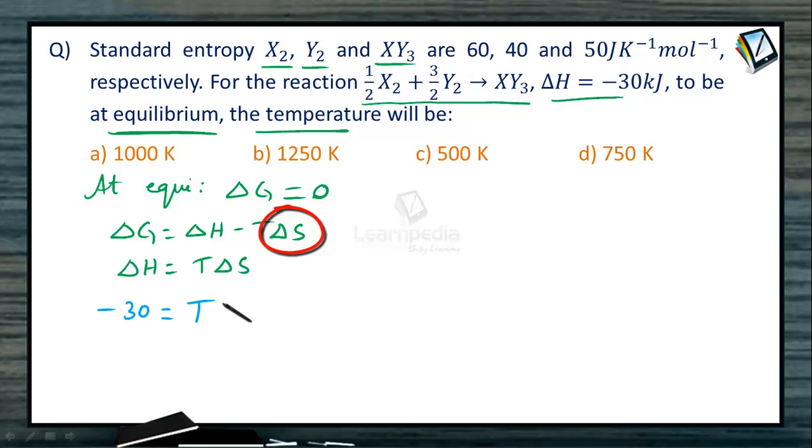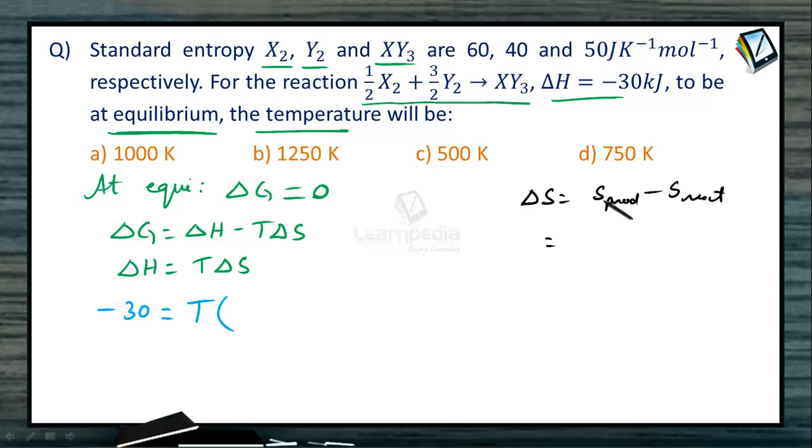And what is delta S? This delta S is not given, so we need to calculate it from the given standard entropies of these three substances. So for this particular reaction, how will we calculate the change in entropy? It is nothing but the total entropy of the final state, meaning the products, minus the entropy of the initial state, that is the reactants.